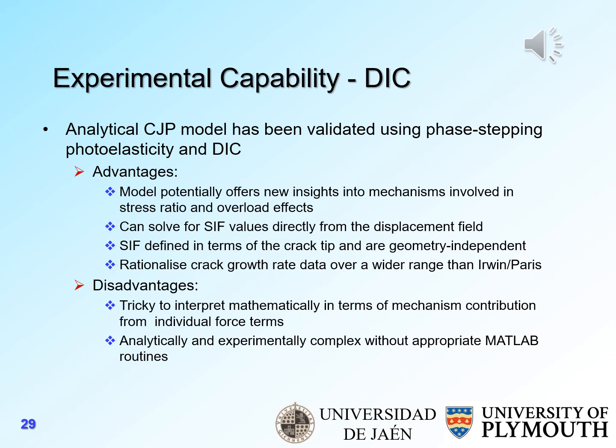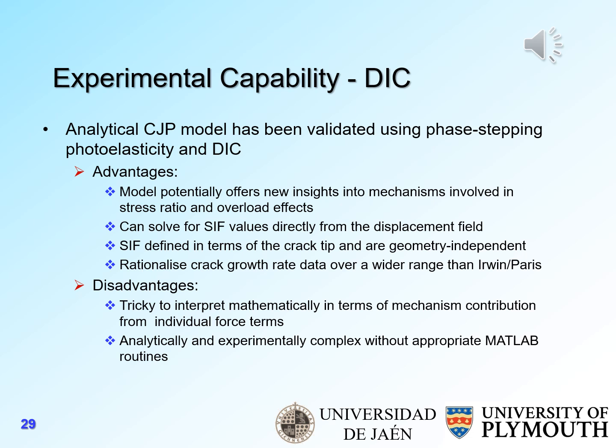In terms of using digital image correlation to support the development of new analytical models for crack tip fields, the CJP model was validated using phase stepping photoelasticity and digital image correlation. The advantages of the CJP model appear to be that it potentially offers new insights into mechanisms involved in stress ratio and overload effects from the way the equations are defined, and we'll consider that in a moment.